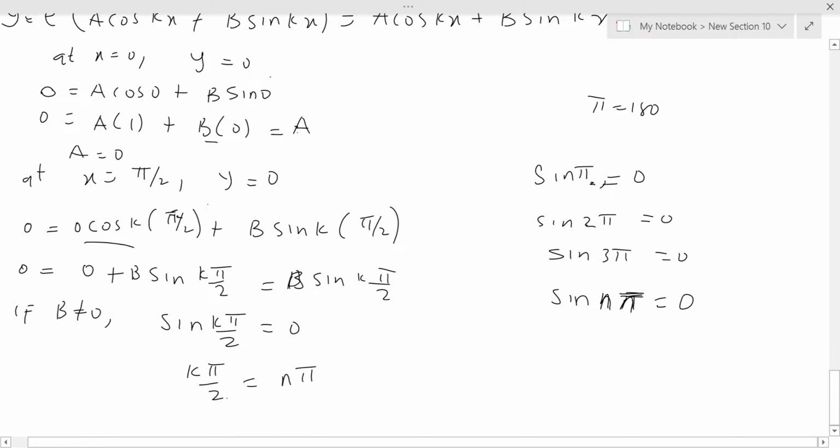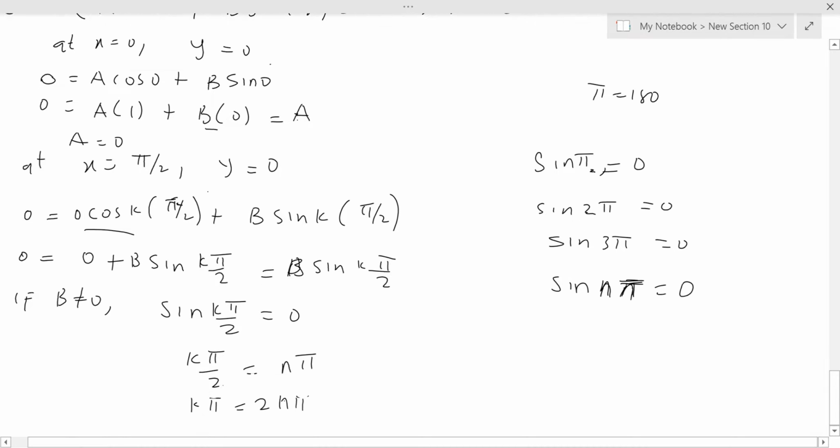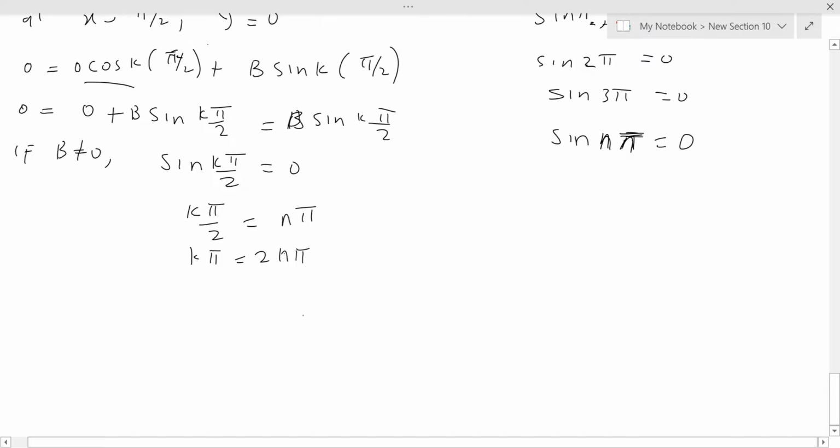Like that. So at this point, you can cross multiply by 2 and get 2n pi. So if you divide both sides by pi, you get k equals 2n pi over pi, so that is 2n. So this is our k. Remember that we said lambda is equal to k squared.